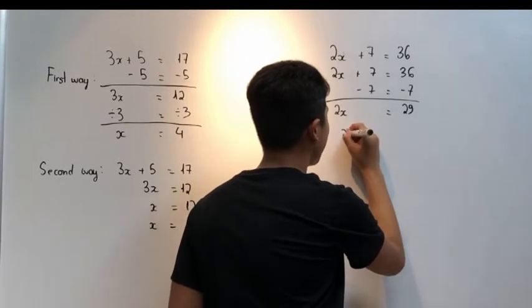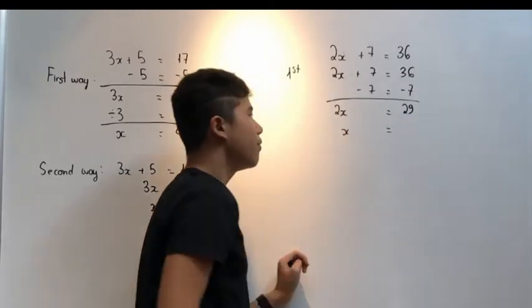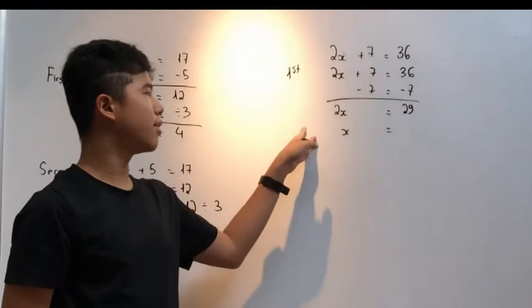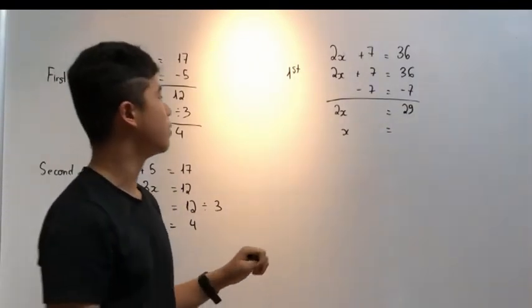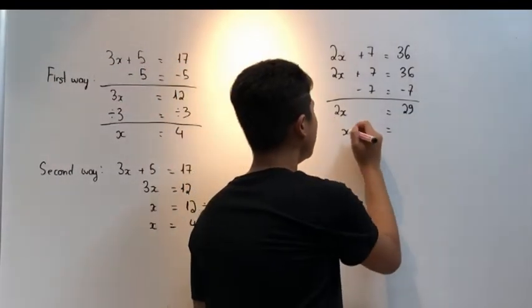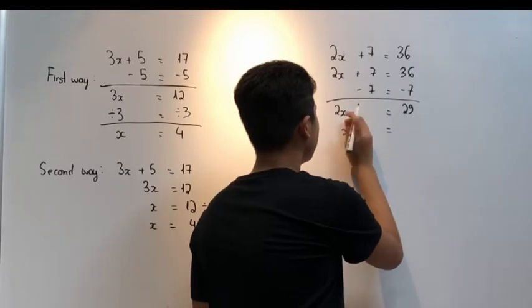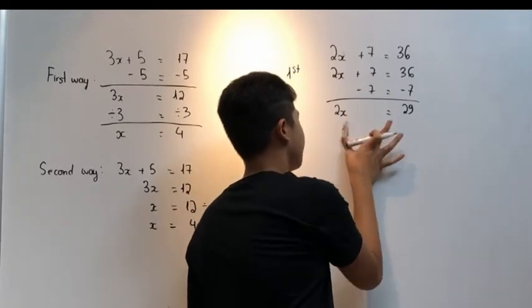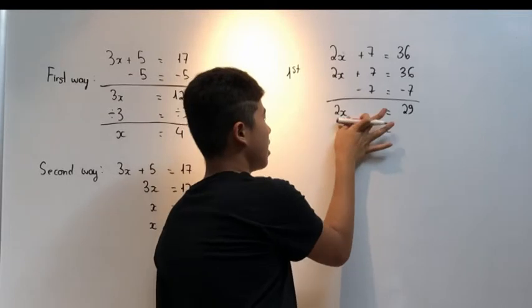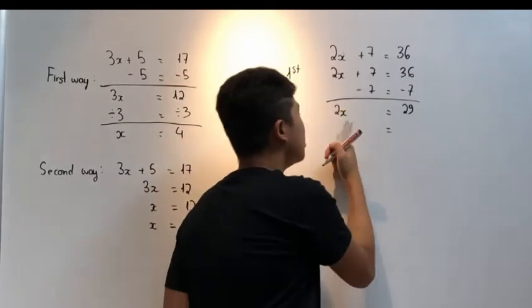And for solving x, 29 will be divided by 2. To solve for x, we erased it, getting a little bit confusing.